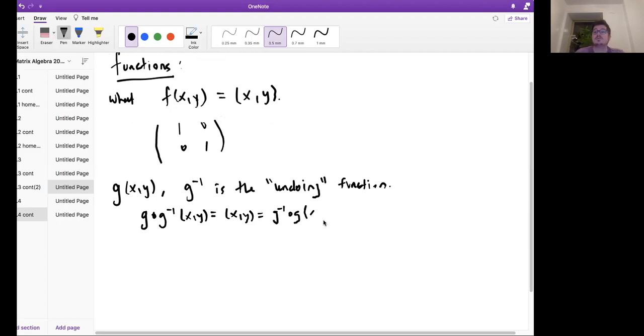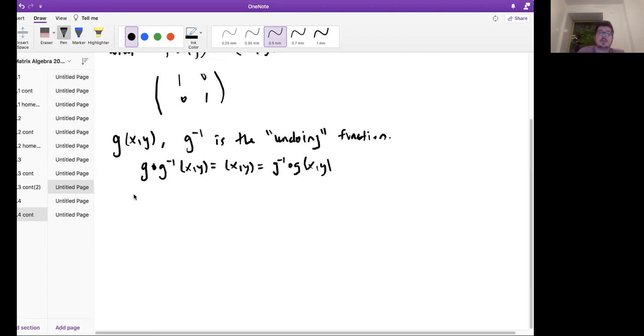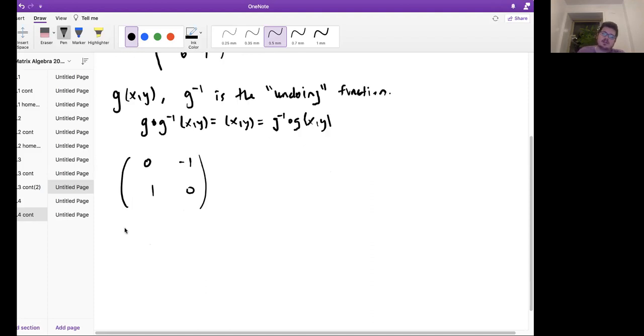So we can figure that out. Let's just do an easy one. This is the 90-degree rotation, right? Counterclockwise. What do you think you need to do, we'll just say in words, not in terms of matrix.